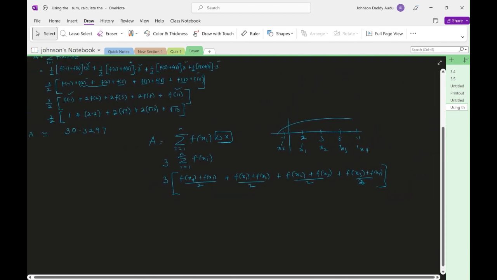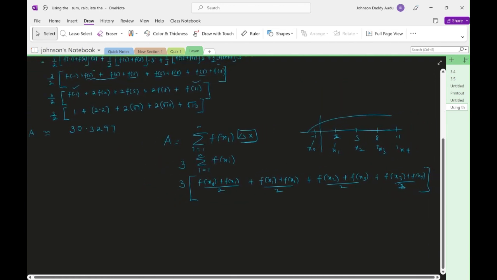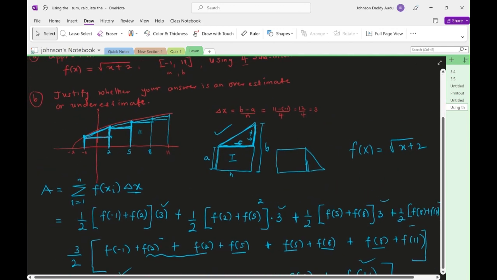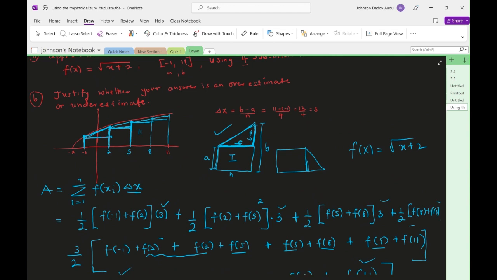So now let's answer the B part of this question. What is the B part? Let's go back here. The B part asks us to justify whether it is an overestimate or an underestimate.